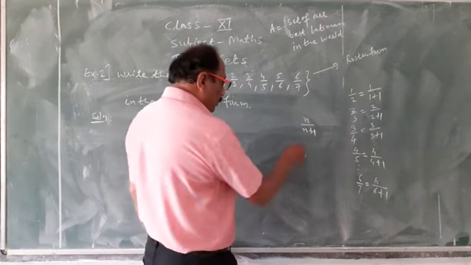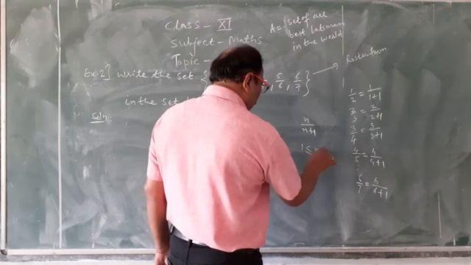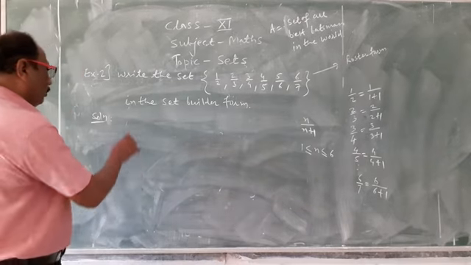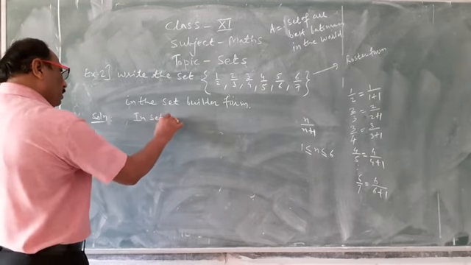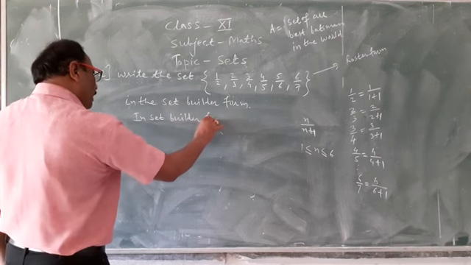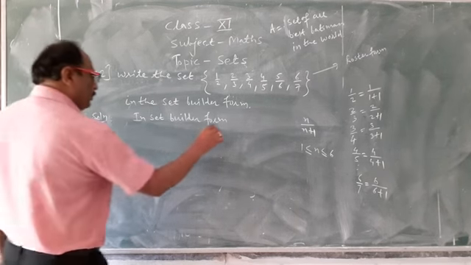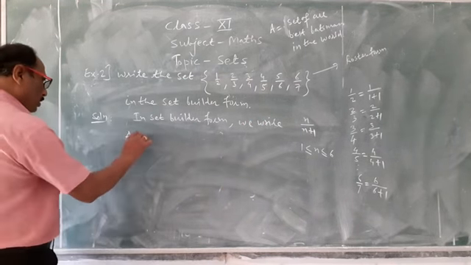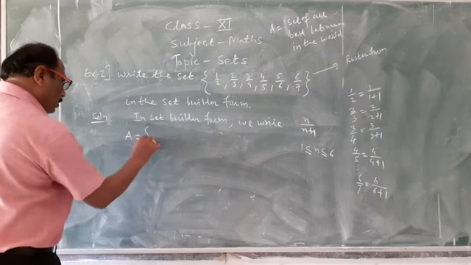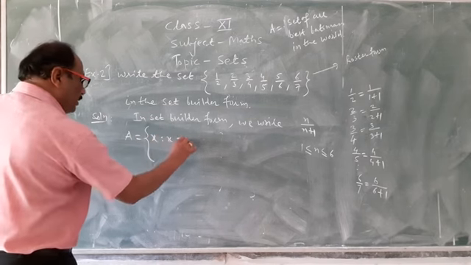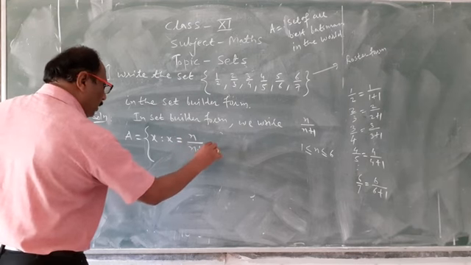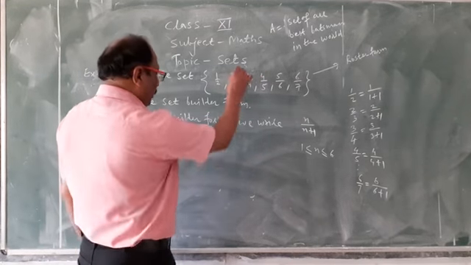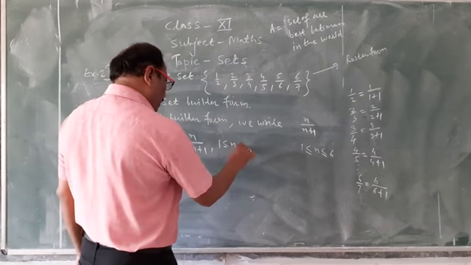Natural numbers means 1 is less than or equal to n less than or equal to 6. 1 is a natural number. Means in set builder form we write A is equal to the set of x such that x is equal to n upon n plus 1, where n is 1, 2, 3, 4, 5, 6, means 1 less than or equal to n less than or equal to 6.